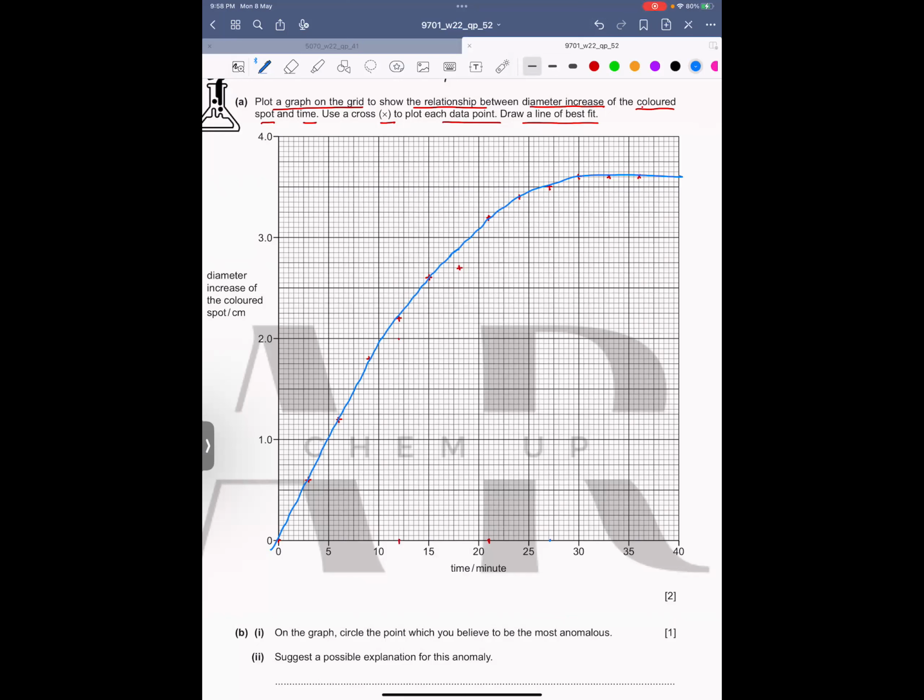So it would be like this. Sir, we can make the line of best fit curved like this.